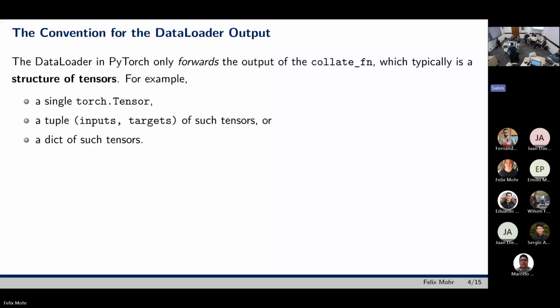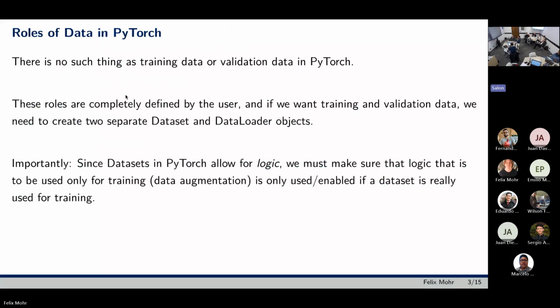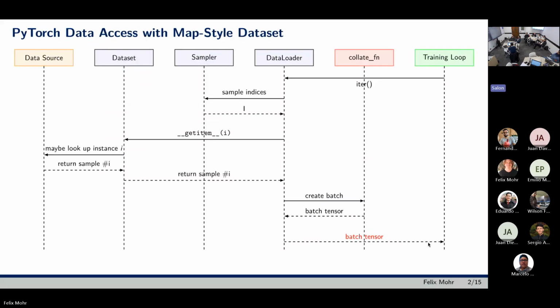So what do we know? What we will always have, the only thing you know you will always have at the end of this figure, is some structure that will contain tensors. This is all you know. This is all that is agreed upon by contract.